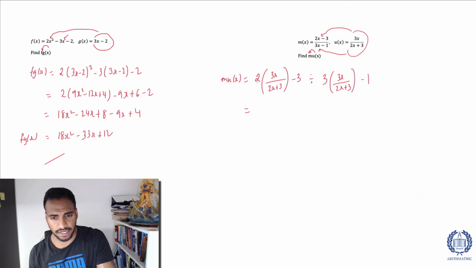So we need to times this out. So 2 times 3x is 6x over 2x plus 3, minus 3 divided by 3 times 3x, which is 9x over 2x plus 3, minus 1 over 1.